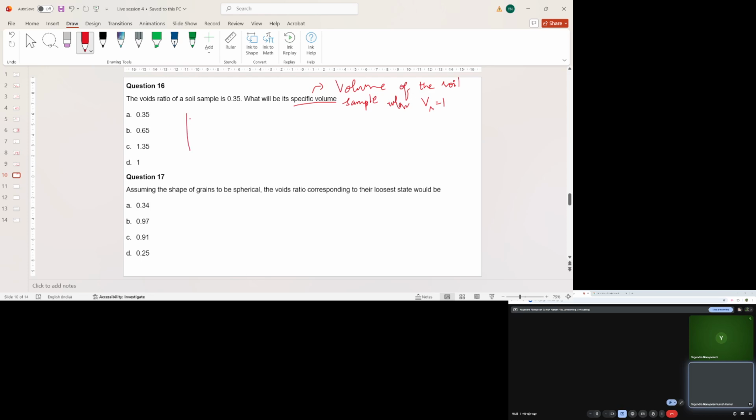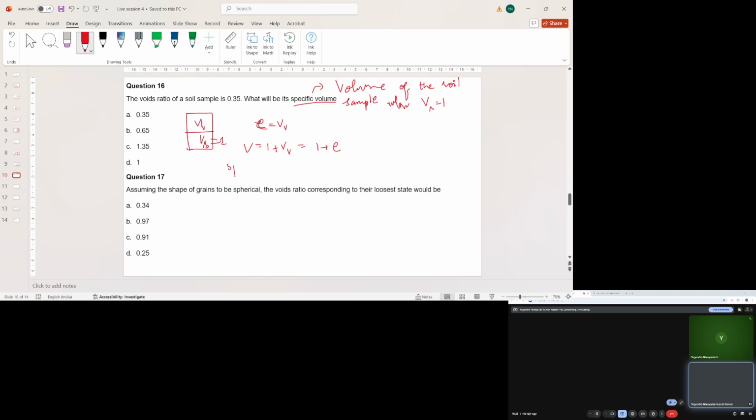So in the phase diagram, you have volume of voids and volume of solids. When Vs is equal to 1, e is going to be Vv. So the total volume is going to be 1 plus Vv, which is 1 plus e.